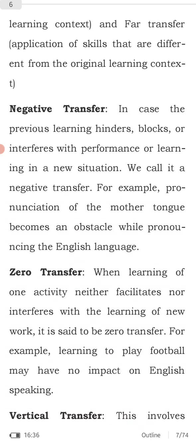In case previous learning hinders, blocks, or interferes with the performance of the new learning situation, we call it negative transfer. For example, the pronunciation of mother tongue becomes an obstacle while learning to pronounce new English words. For example, if you're learning French and it somehow hinders you or makes it difficult for you to pronounce certain words in English, then that is negative transfer.